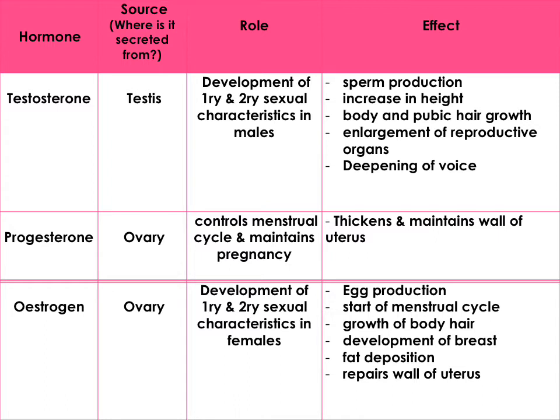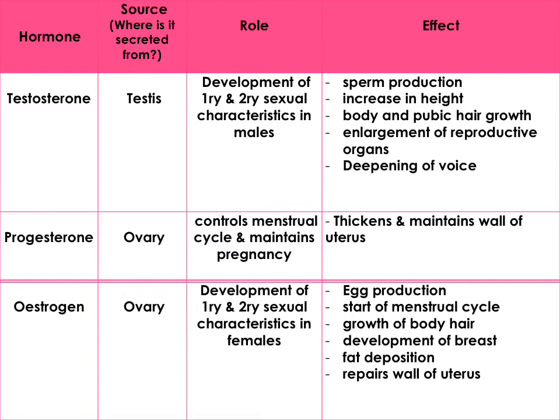Finally, estrogen. It is also produced in the ovary. The estrogen hormone is important in the development of the primary and secondary sexual characteristics. It is responsible for the egg production, its effect on the body is also the beginning of menstrual cycles in females. It helps the growth of body hair, the development of breasts, fat deposition on the hips and thighs.